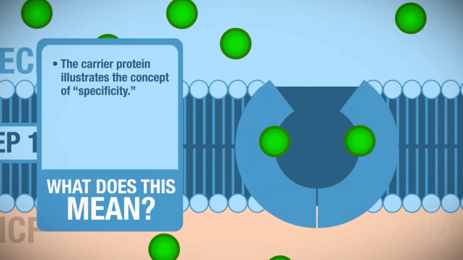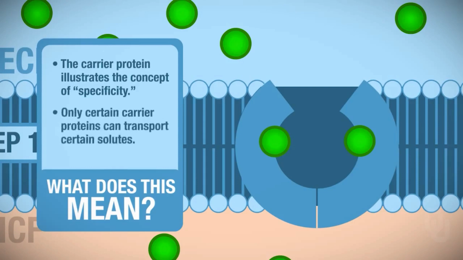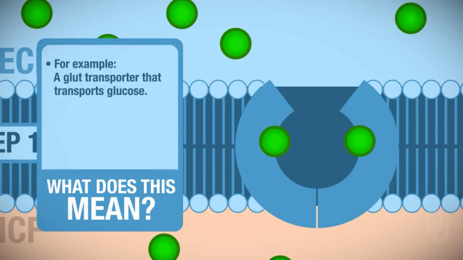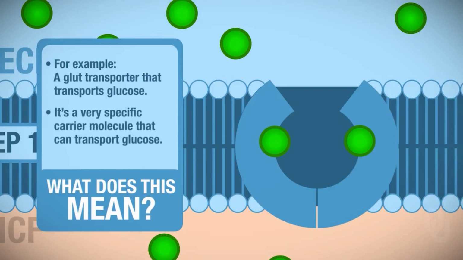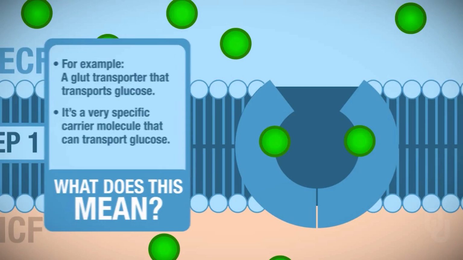It's very specific for that solute. Only certain carrier proteins can transport certain solutes. So you need a carrier protein that's very specific. In this example, it's specific for glucose. This is your GLUT transporter.